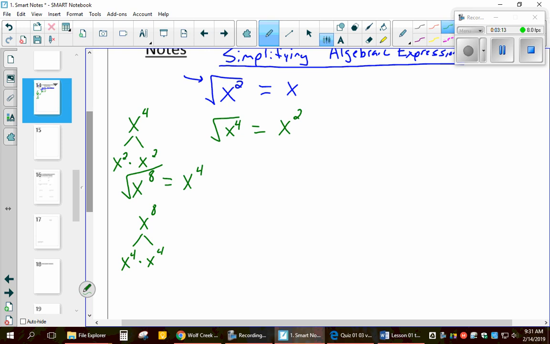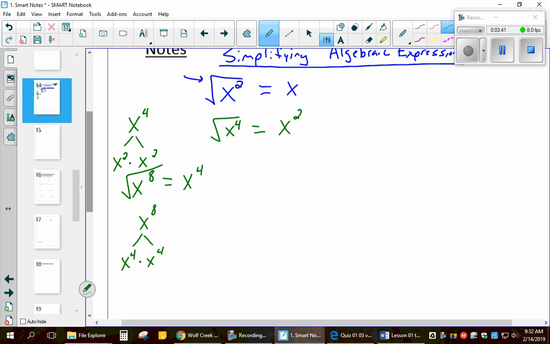So remembering our exponent laws here, you guys remember from last year, if you've got something with an exponent times the same thing with an exponent, what can you do with those exponents? You add the exponents, right? So that's the rule. That's why x to the 4 times x to the 4 gives you x to the 8, and why if I take the square root of x to the 8, it gives me x to the 4. You guys agree with that one?